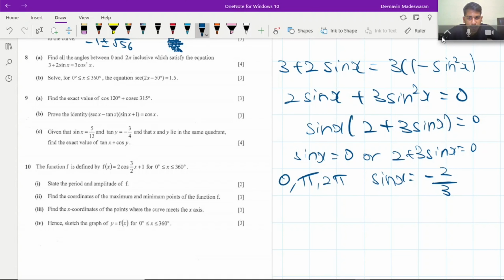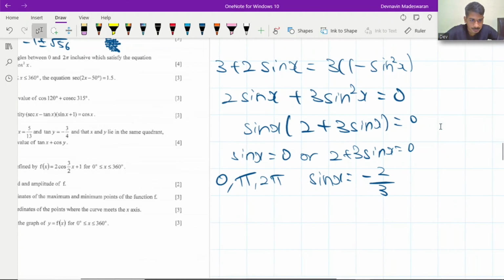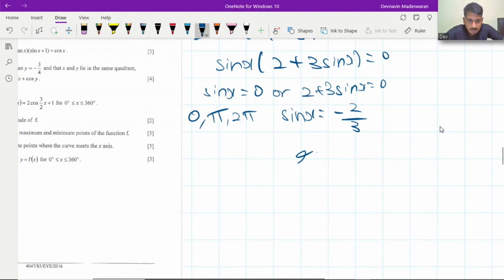So for this, we need to find the basic angle, I believe. Okay, basic angle. Alpha is going to be approximately sine inverse of 2 over 3, which is 0.7297 in radians, 5 SF.